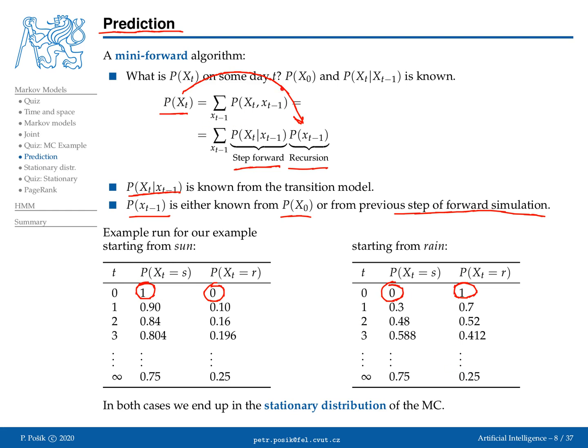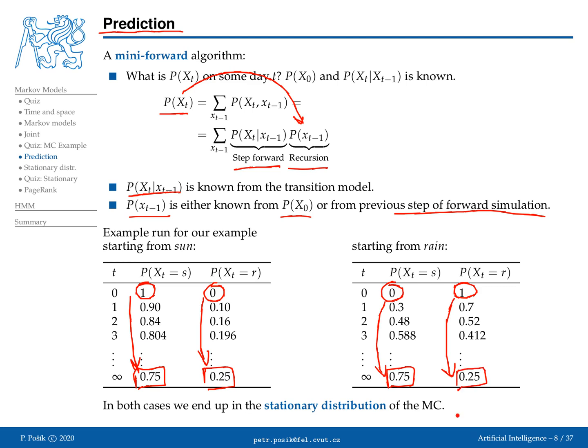If you apply this recursive procedure, you will observe that these distributions actually converge to values 0.75 and 0.25 for our particular transition model. And it will converge also in the opposite case to the same values.